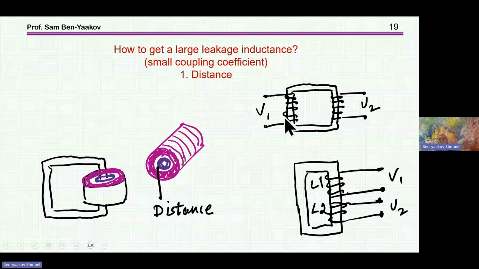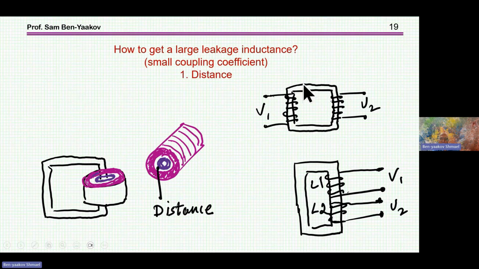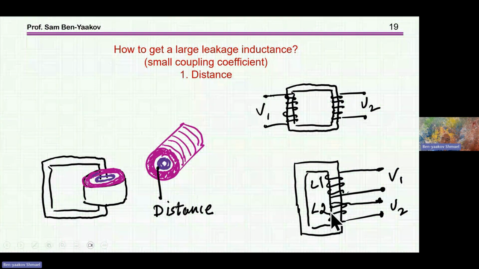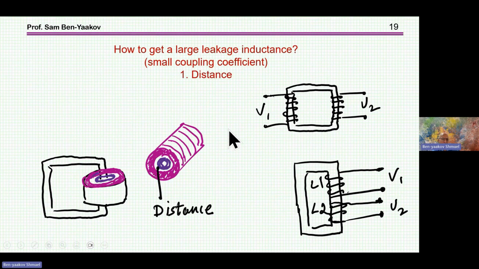Or you can put the windings apart, and this again will increase the leakage because you have more flux escaping here, or side by side also. But all these bring about a fairly small amount of leakage, so the coupling coefficient is still fairly high, and here we like to have a small coupling coefficient, a large leakage.